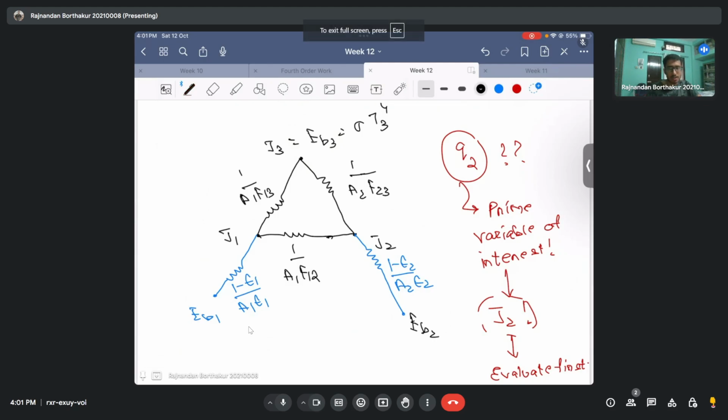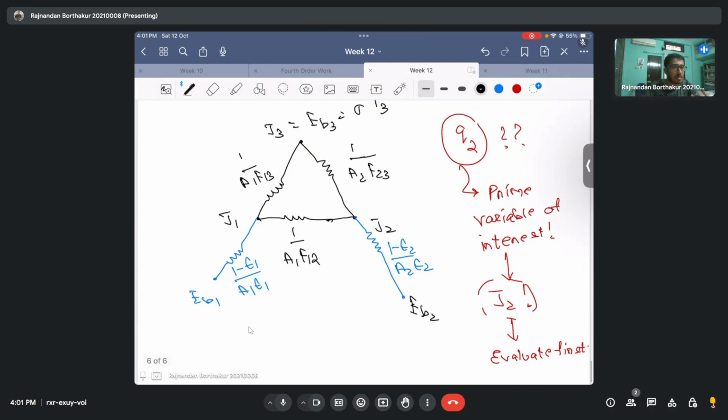So now we will use something which you all know, but in some other context. We will use it in this context as well. This is known as Kirchhoff's junction law.